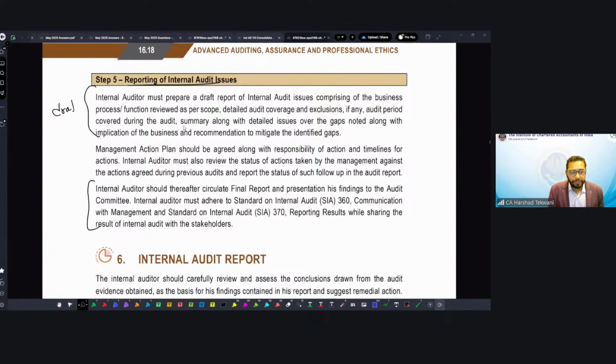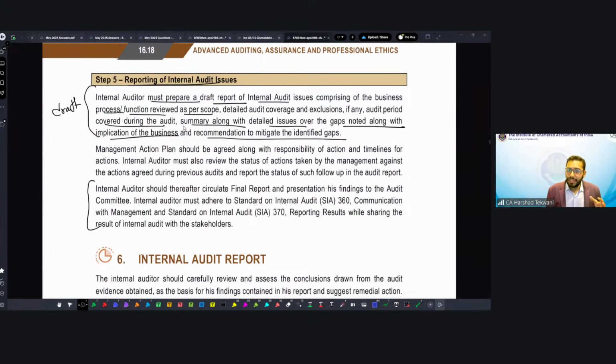First you must prepare a draft report of internal audit, which has the business process or function reviewed as per the scope, the audit period covered, a summary along with detailed issues, gaps noted, implication on the business, and the recommendation to address the gaps.